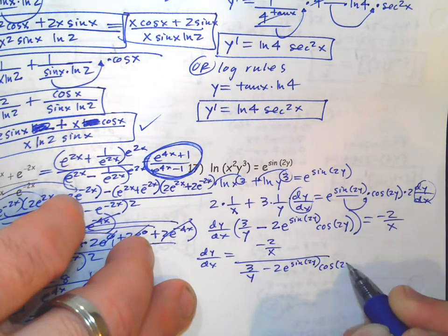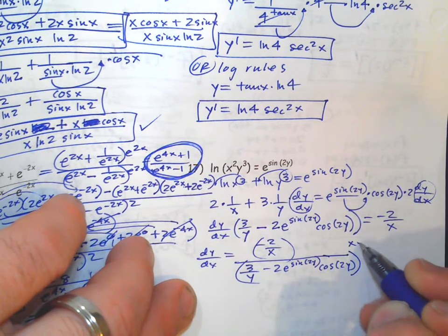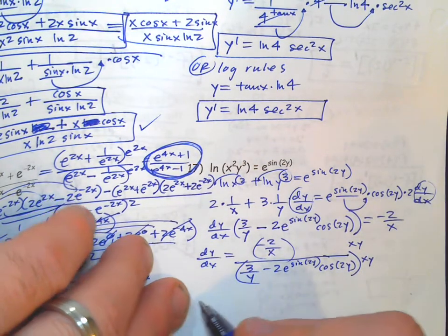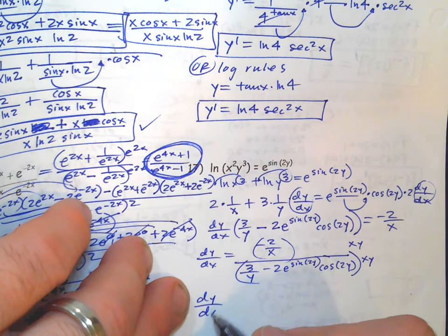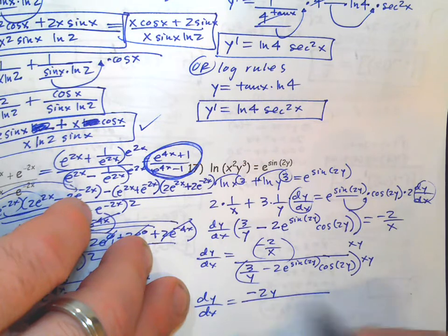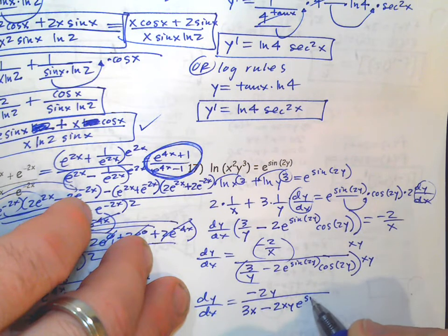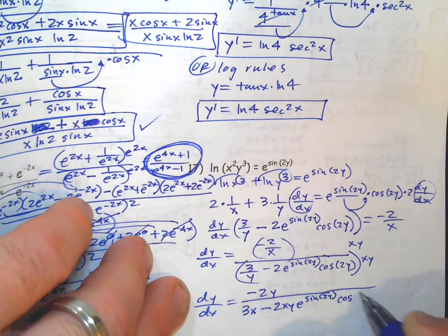I don't want fractions and fractions, so you have to multiply top and bottom by the same thing, by an xy, and that should take care of your problems. Make it a nicer, cleaner fraction. So it's going to be negative 2y over 3x minus 2xy e to the sine 2y cosine 2y.